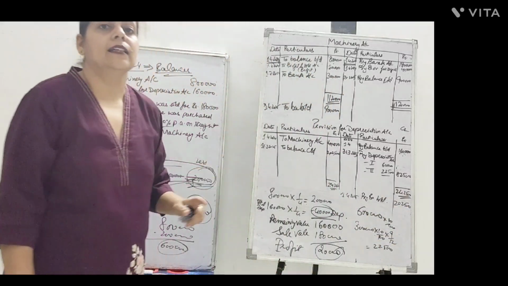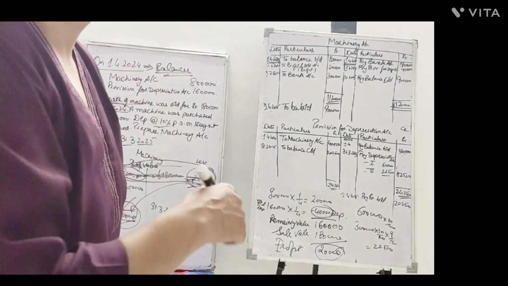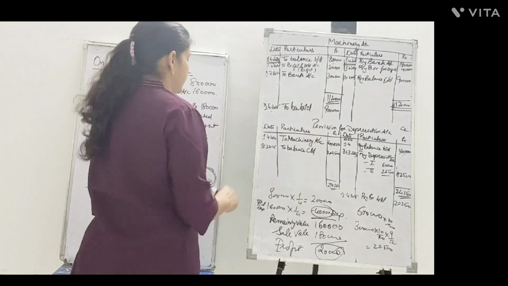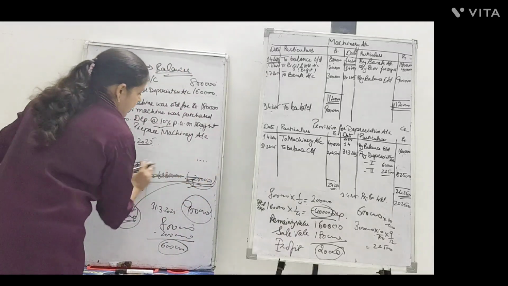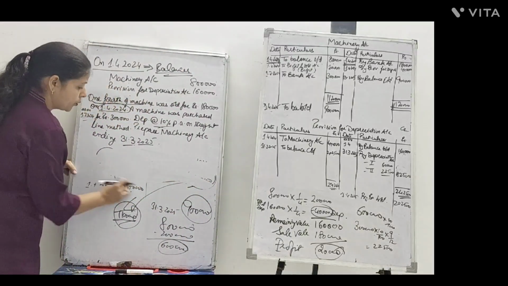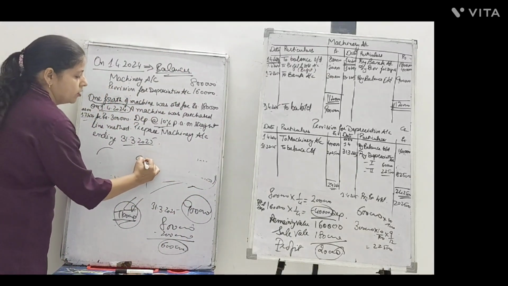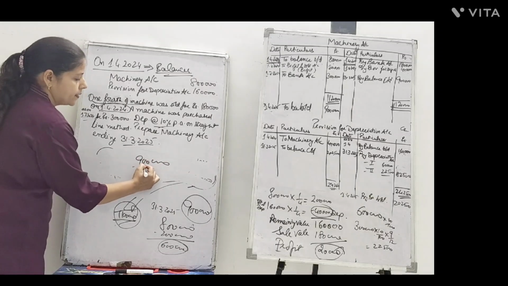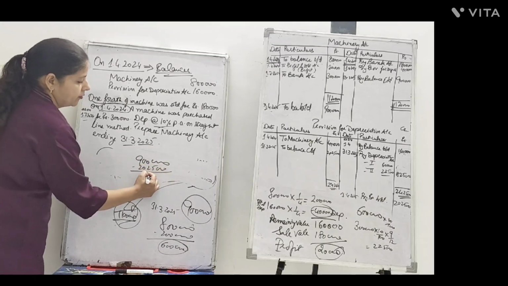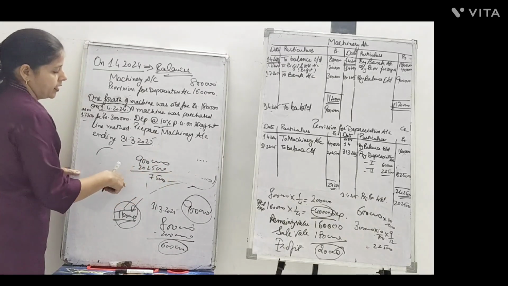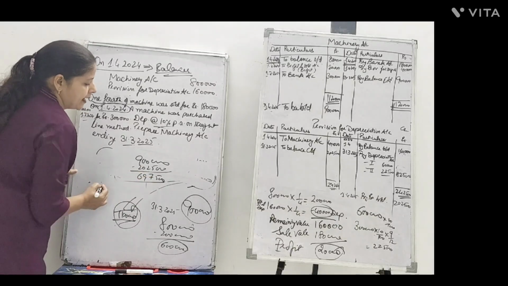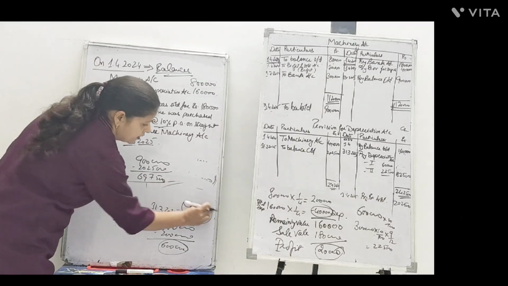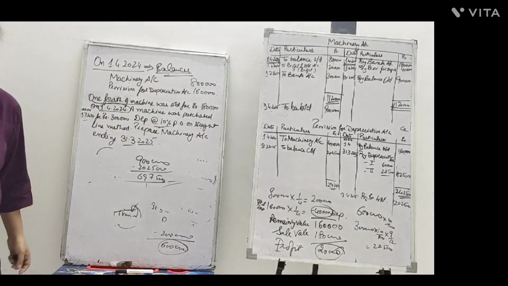And if the balance after depreciation is asked in the question, how will you take it? You will take the value of the asset, 9 lakh rupees is the value of the machinery, and the depreciation we took for the total of the machinery. After taking it, we will get 6,97,500 as the value of the leftover machinery here.